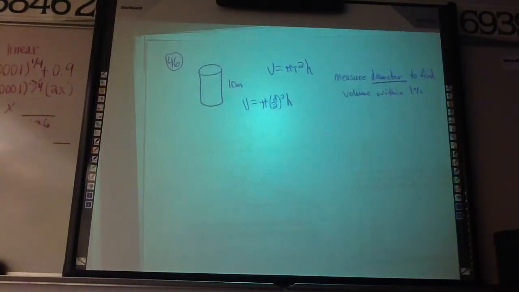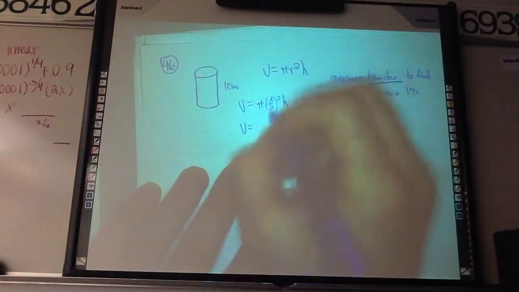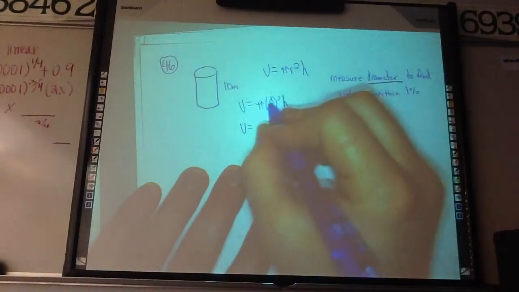Don't we know h? Yes, 10. So solve for D. V equals pi times D over 2 squared times h. Let's simplify this. What's D over 2 squared?